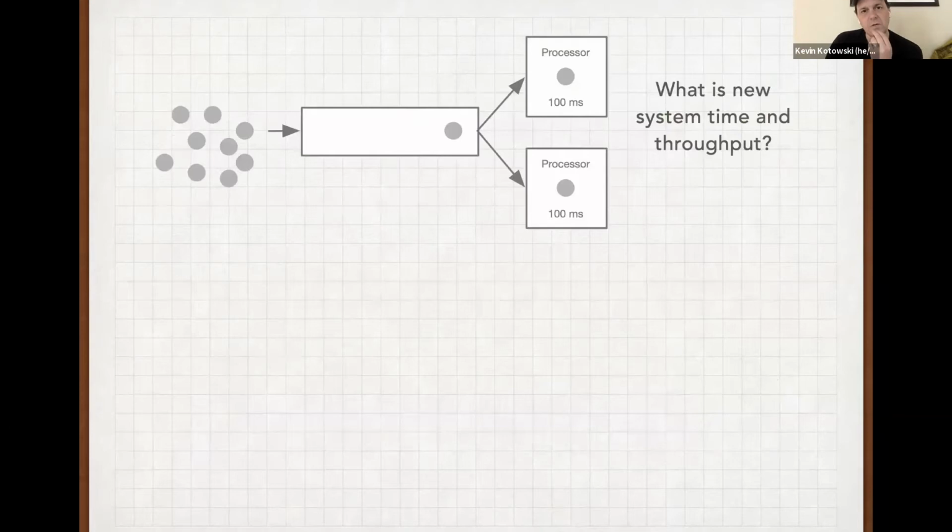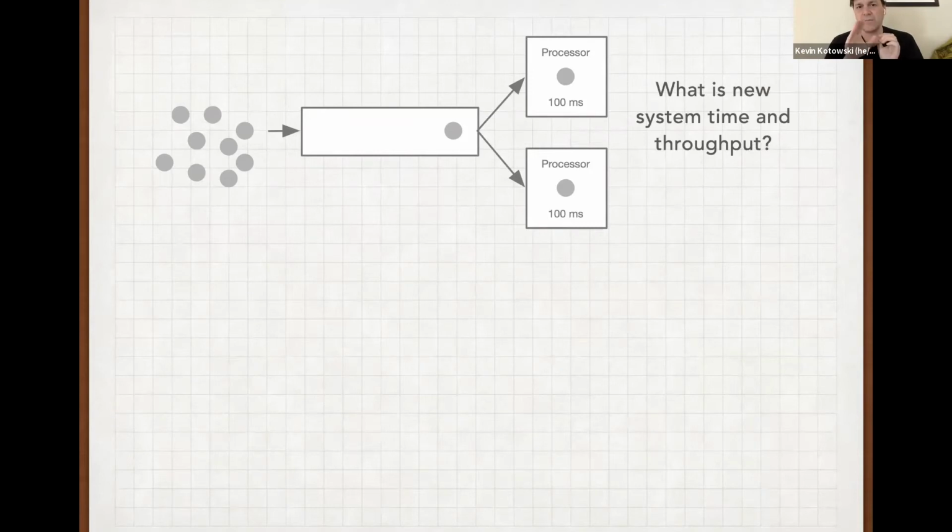Okay. So here's a point. If you could just, folks, use the chat on the Zoom, based on what I've told you: we talked about when there was one processor, for 100 milliseconds, the throughput was 10 customers per second, and the amount of wait time with no queue would be around 100 milliseconds.